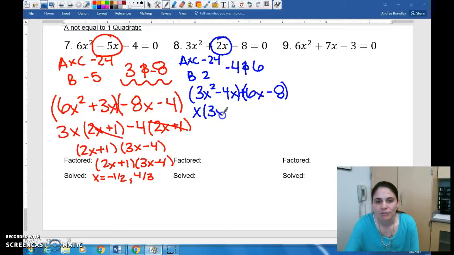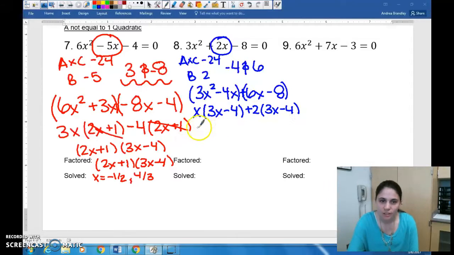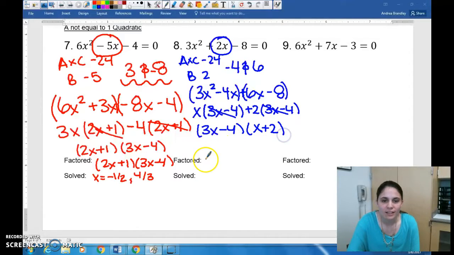So I'm left with 3x minus 4. And then I have a 6x and a negative 8. So 6 and 8, I can pull out a 2, and I'm left with 3x minus 4. So my parentheses term is 3x minus 4. So I'm done with that. And then I have an x plus 2. So that's my factor form right there.